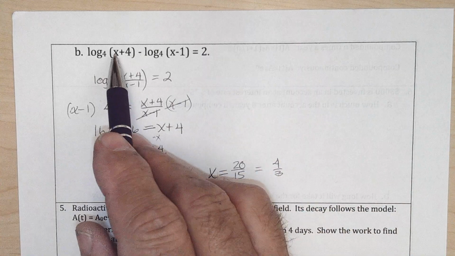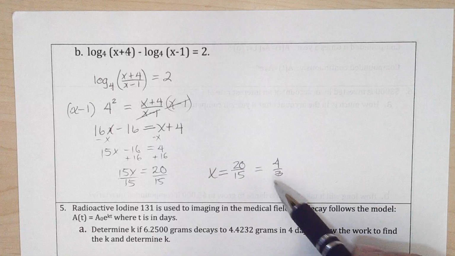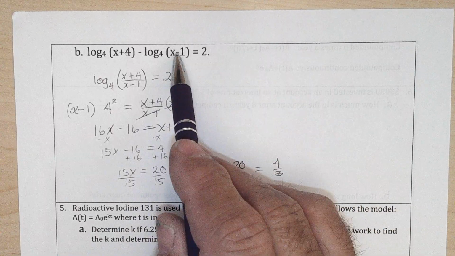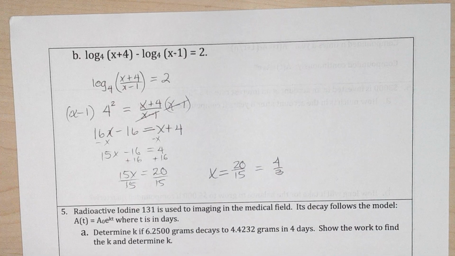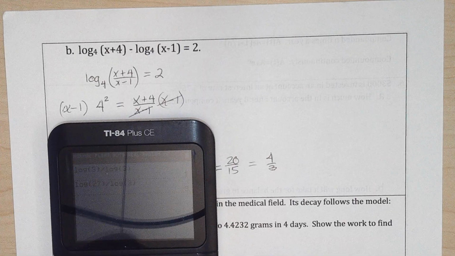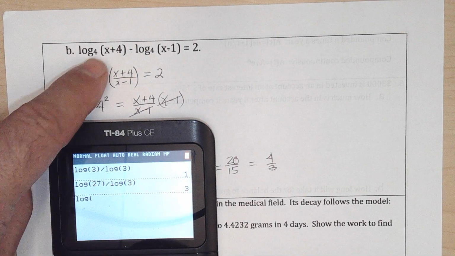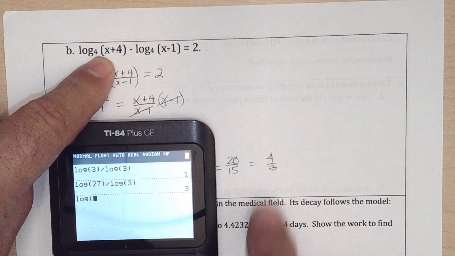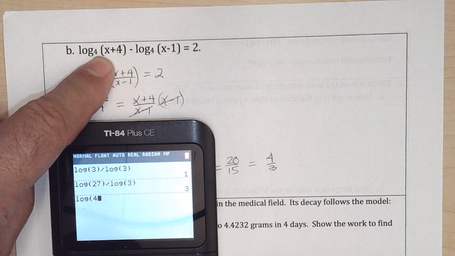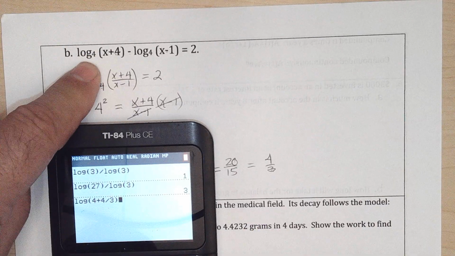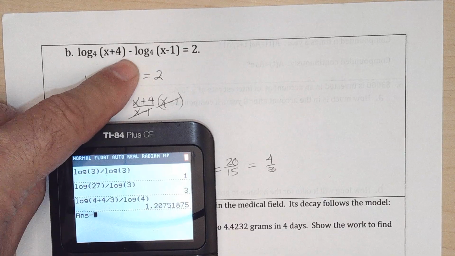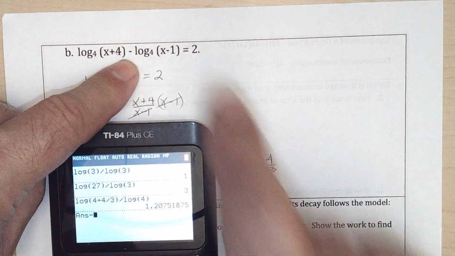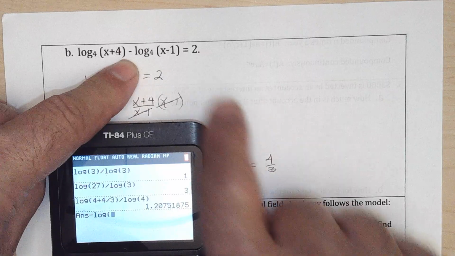Now I should check. 4/3, 1 1/3 plus 4 is positive, so it should work. 4/3 minus 1 is 1/3. That's positive. Should work. And if I wanted to check it completely, I would go log of 4 plus 4/3, but it's in base 4, so I have to divide by log of 4, minus log of 4/3 minus 1.